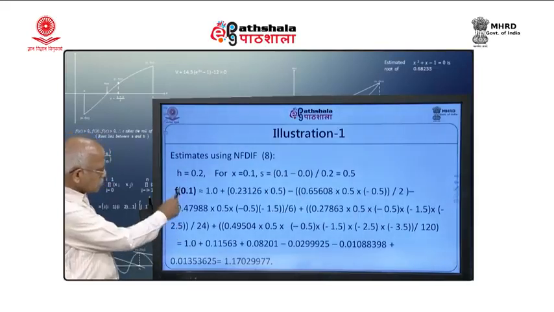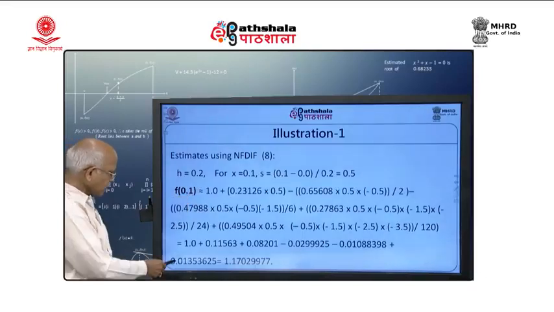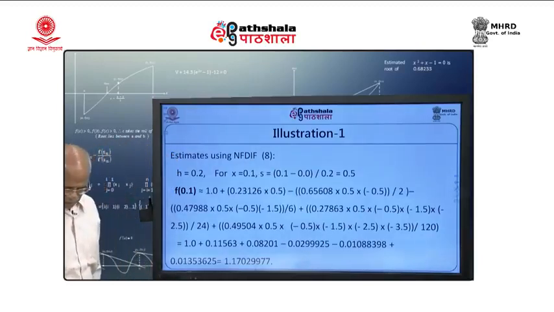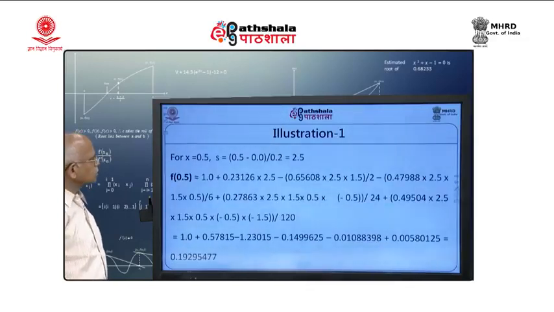On simplification we get the value as 1.17029977. So, this is the value of f 0.1 we get using the forward difference interpolation formula.